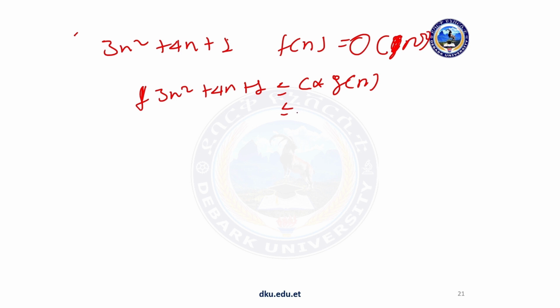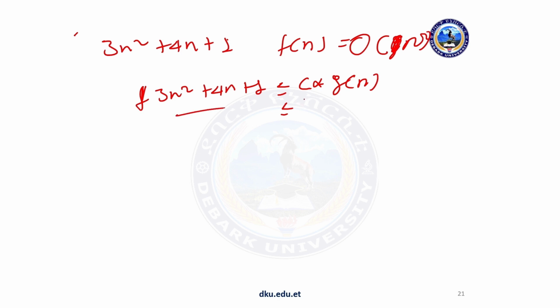Which means we will add any function. Actually, there is no formula to do this, but we will use the trial and error method. So 3n square plus 4n plus 1 is less than or equal to any function that's greater than this one, and it can be used here.